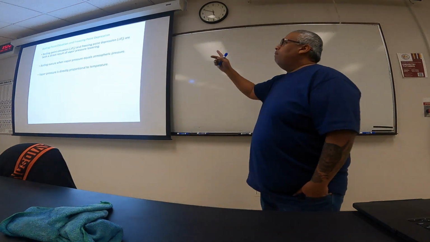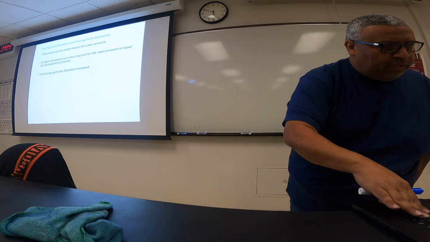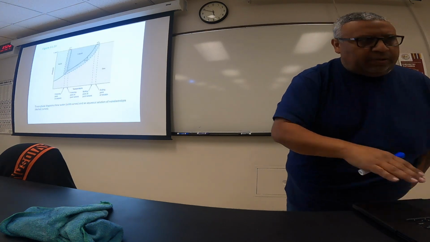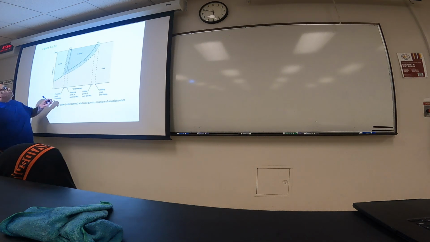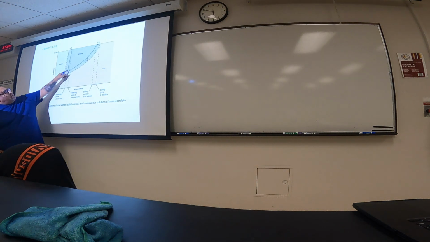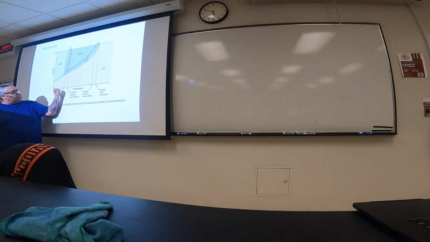So by changing that, there should be an image here. There it is, there's the image I'm looking for. Here we see this phase diagram, and we can see when it converts to gas, when it converts to solid. Temperature is decreasing, temperature is increasing, pressure is increasing, pressure is decreasing.